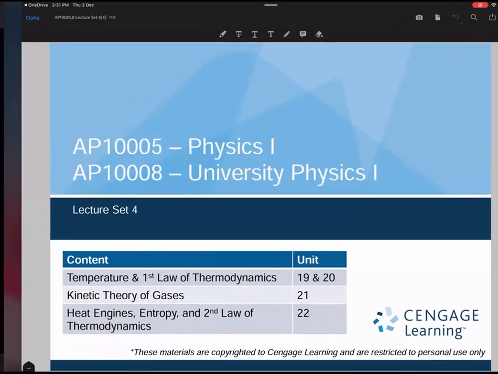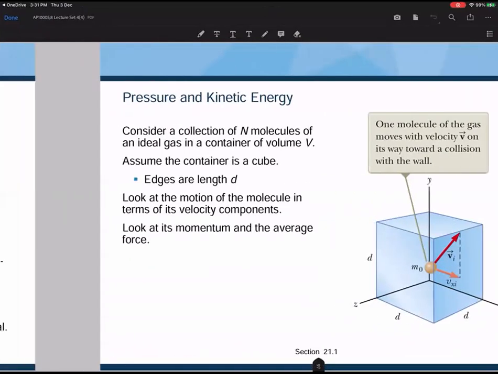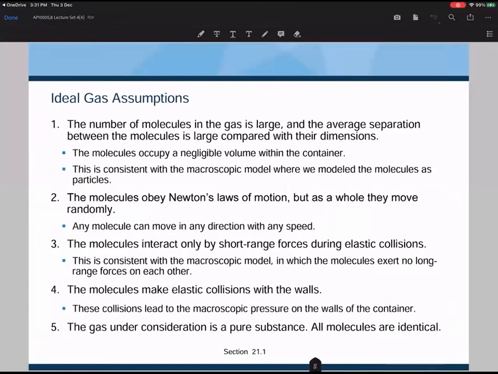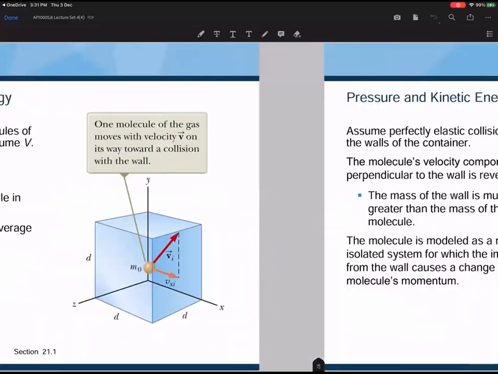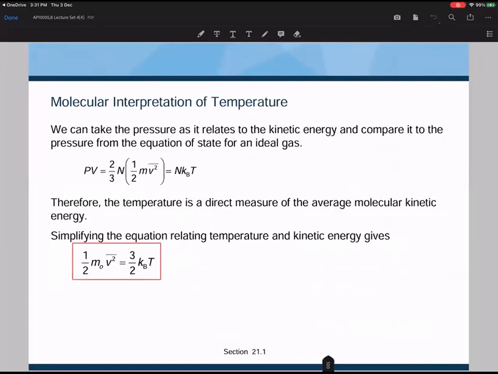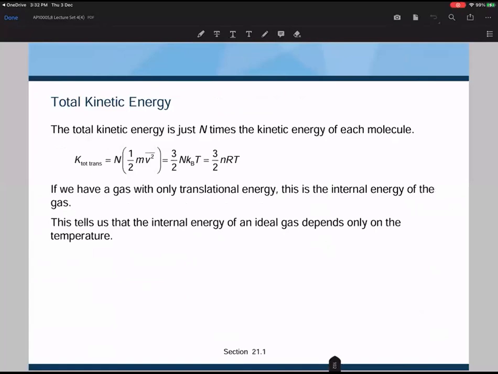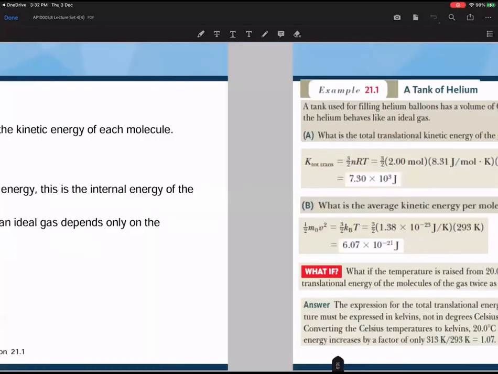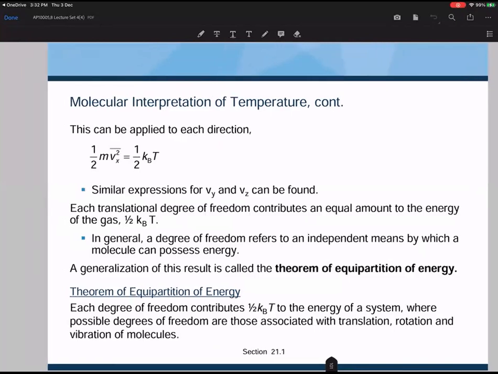In particular, for the kinetic theory of gases, we have introduced the relation between the absolute temperature and the internal energy of an ideal gas, particularly considering monoatomic gases. For monoatomic gases, we have the connection between the total internal energy and the absolute temperature.